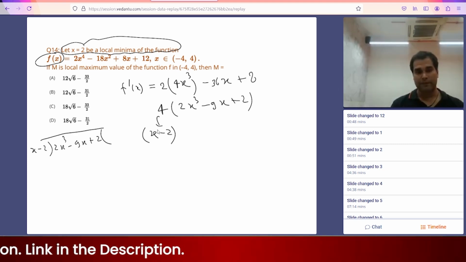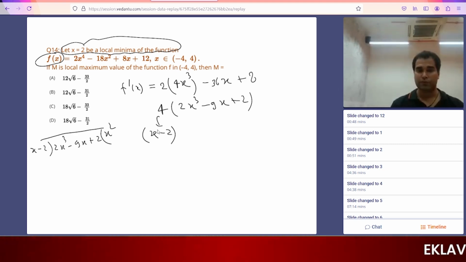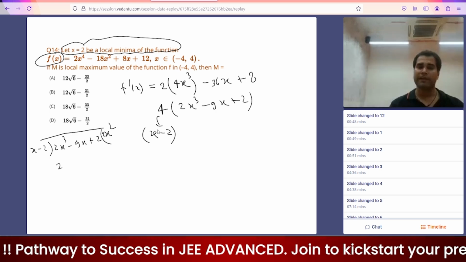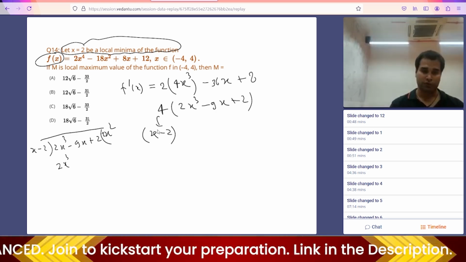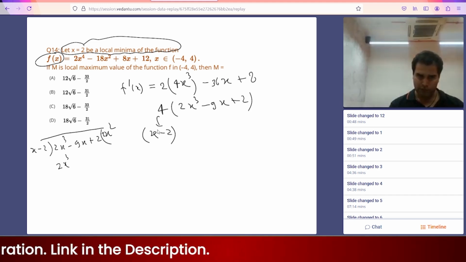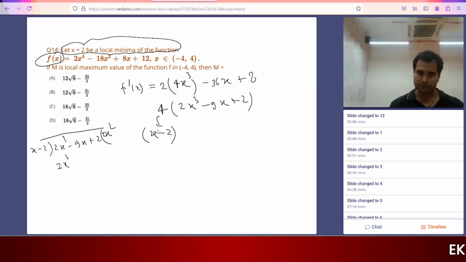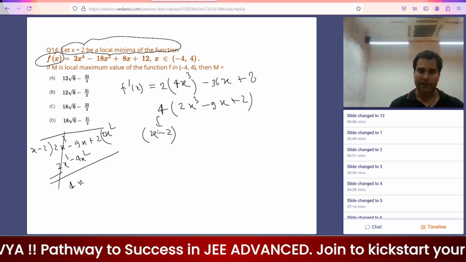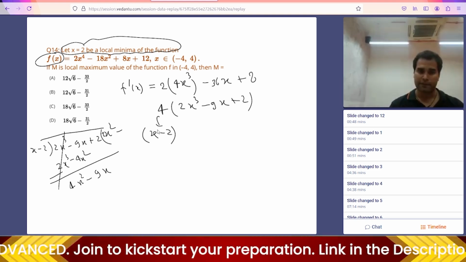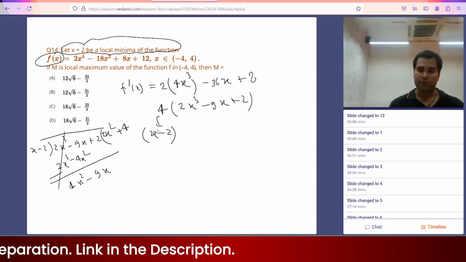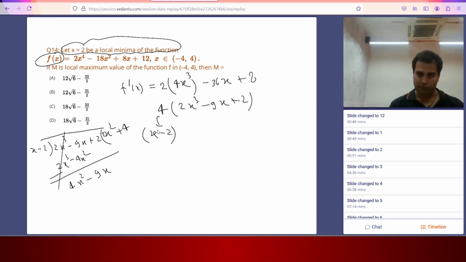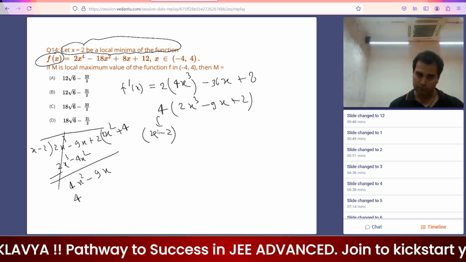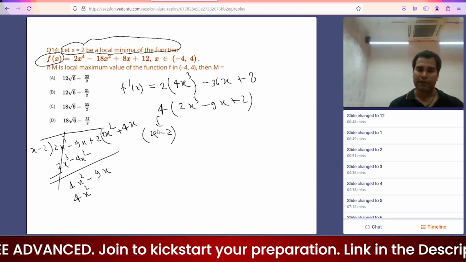Dividing, x cube by x gives 2x square. Multiplying 2x square by x minus 2 gives 2x cube minus 4x square.